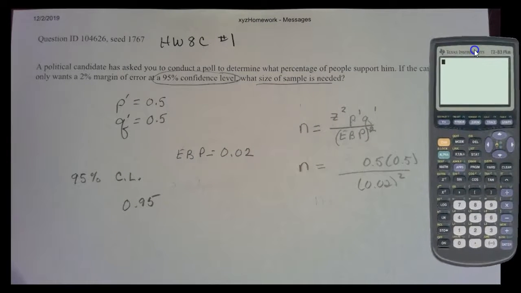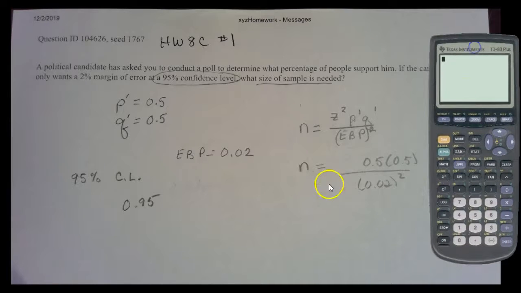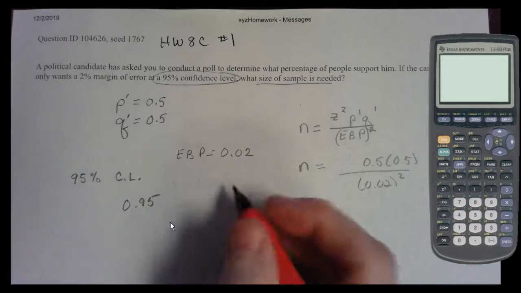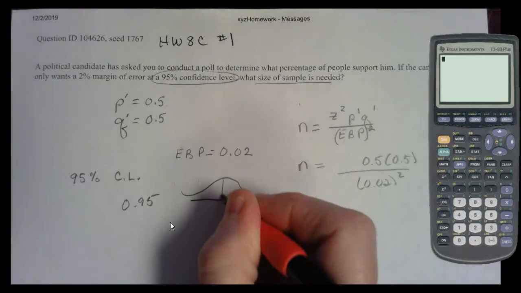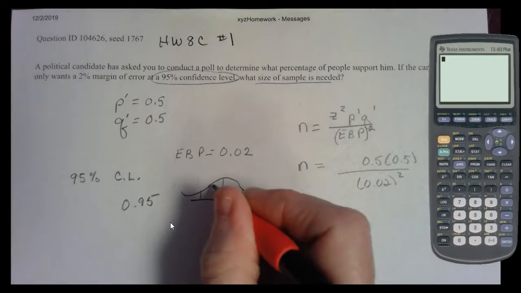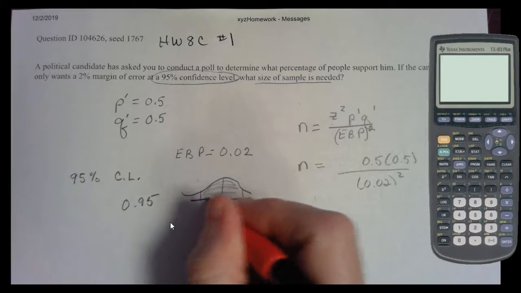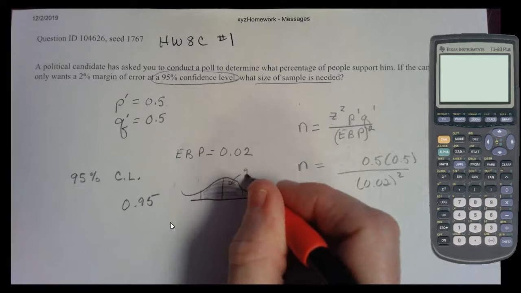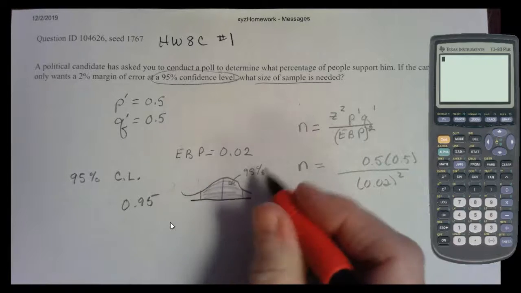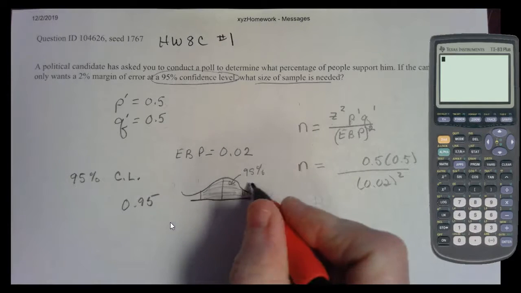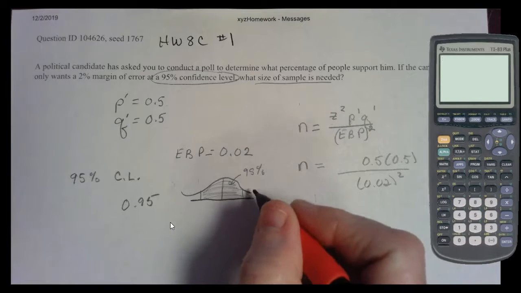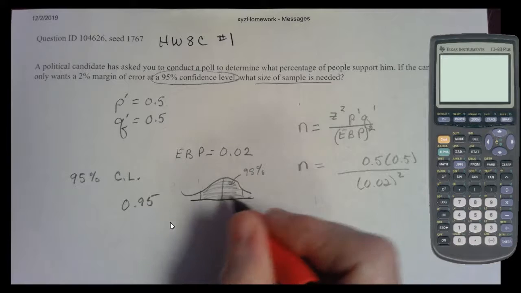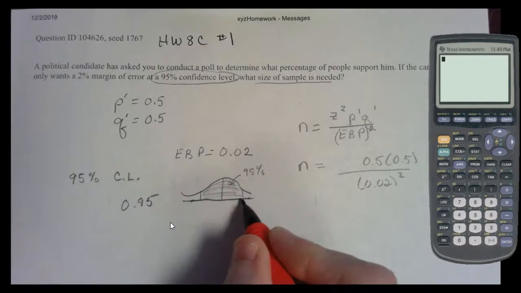Okay, so let me bring my calculator back over here because we're going to use it. So let's look at what we have. Let's think about if I draw the picture here. This part is our 95%. And so that leaves me with 5%. Remember, half is in this tail and half is in this tail.